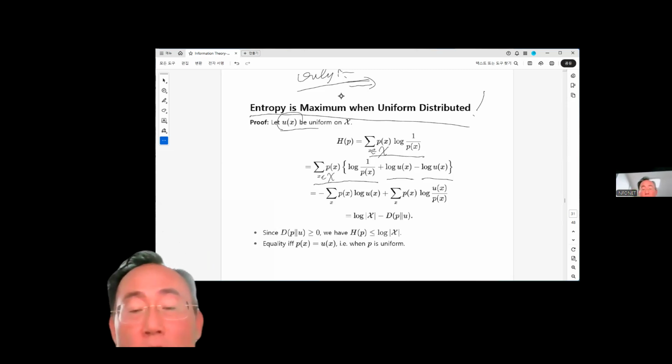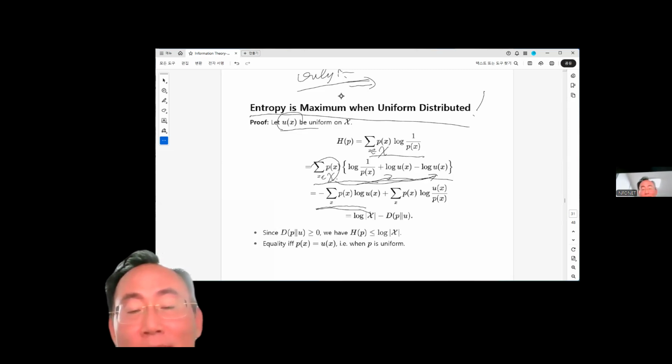Once you have done that, by combining the first term, combining this one with the last one, I have minus sum p_x log u_x.